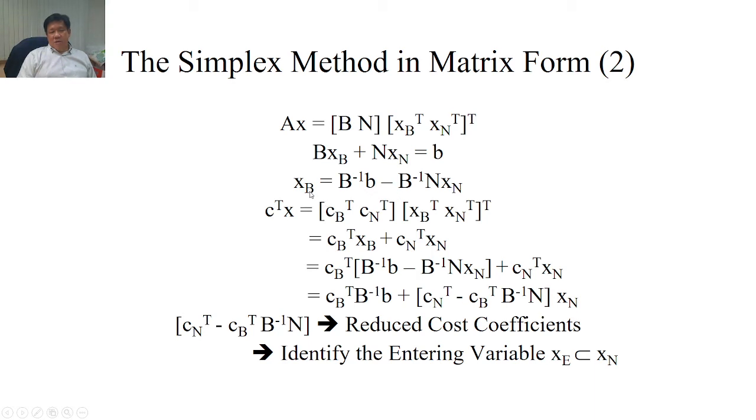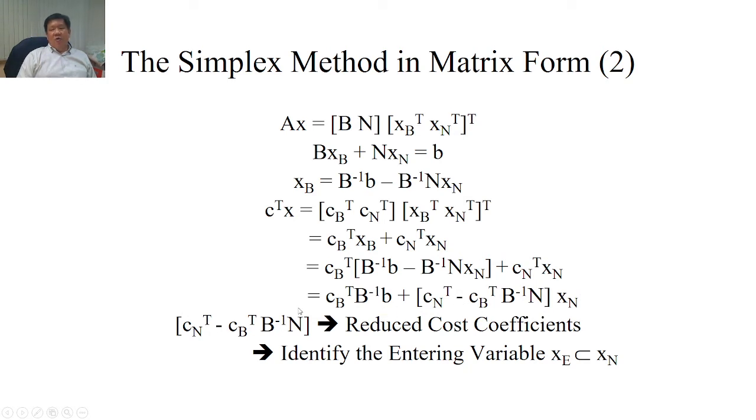Then you rearrange the terms, and c transpose x will be equal to c sub b transpose b inverse times b, plus c sub n transpose. These two terms have x sub n in common, so you can put x sub n out. This one becomes c sub b transpose times b inverse times n, multiplied to x sub n with a minus sign, and when you combine these two terms you get this.